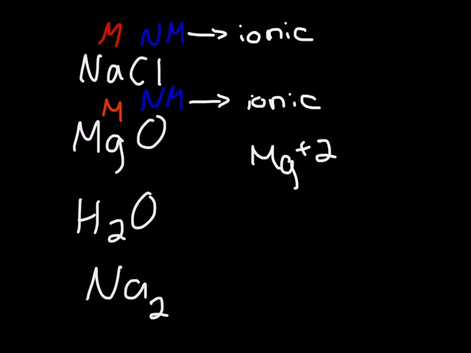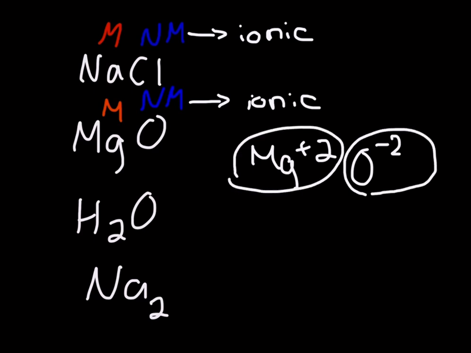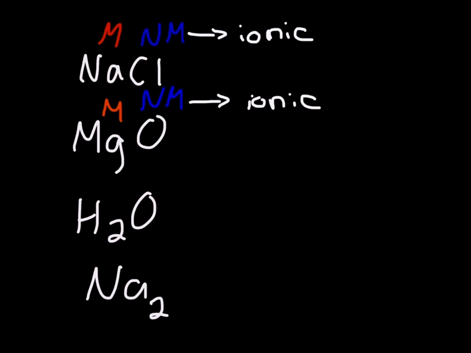In this bond, magnesium has a +2 charge, meaning its ion loses 2 electrons to oxygen, which gains a -2 charge. These ions have opposite charges, therefore, as I said before, they're pulled together, and the 2's cancel out to form magnesium oxide, which we'll go over in another video.